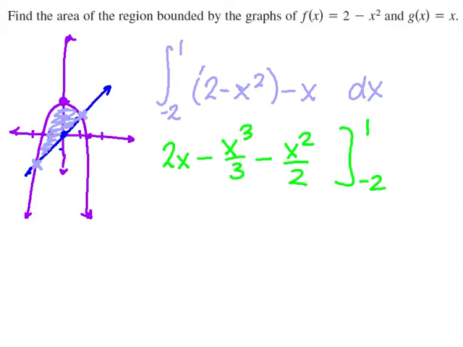If I plug in 1, I'm going to get 2 minus 1/3 minus 1/2. And then remember you subtract what happens when you plug negative 2 in. Okay, so negative 4 minus negative 8/3 minus 2.